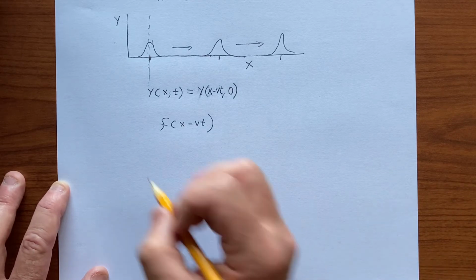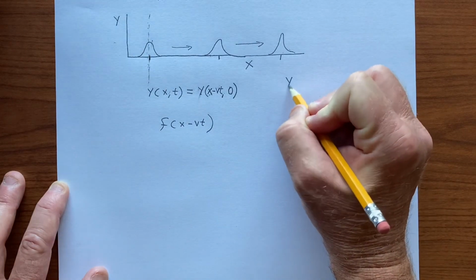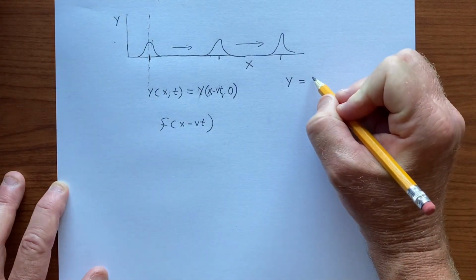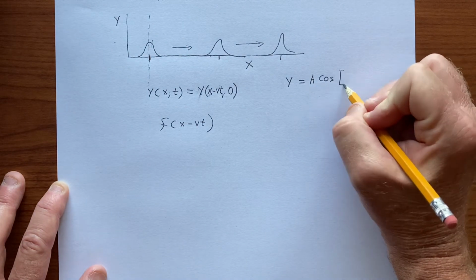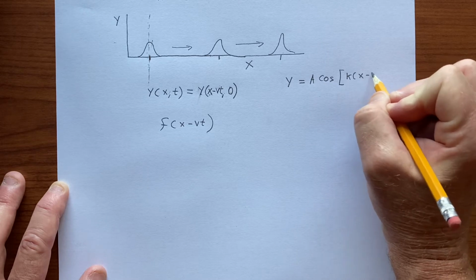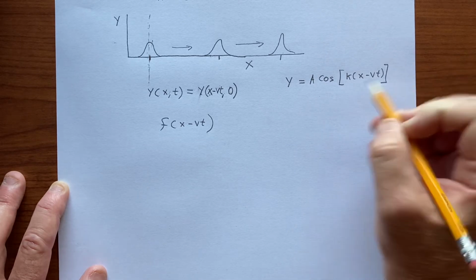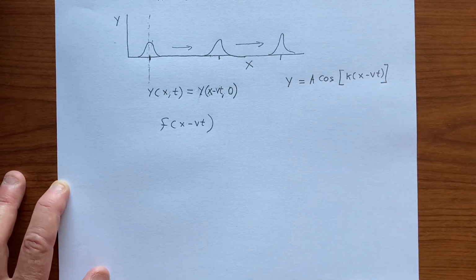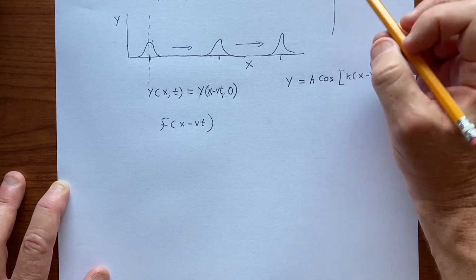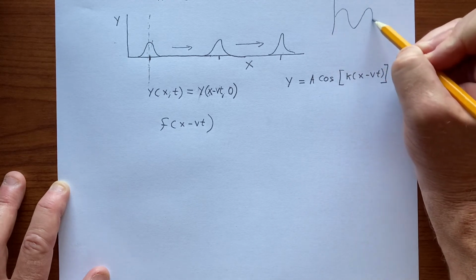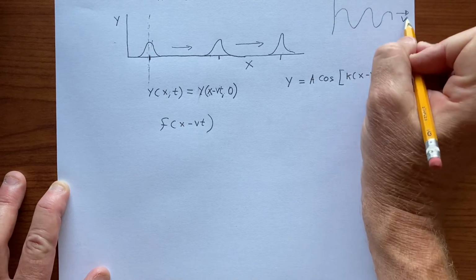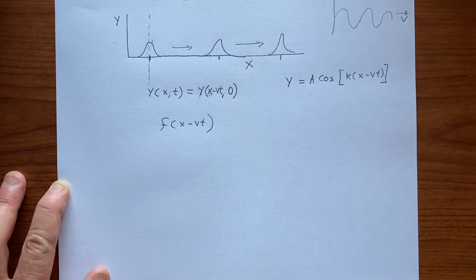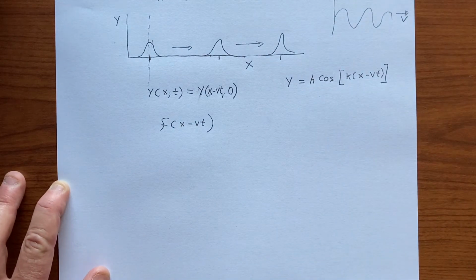But let's say that we have a function y equals a cosine of k(x minus vt). The fact that this is the function tells us that this is a traveling disturbance. In fact, this represents a cosine function that's moving to the right at speed v. And so we want to derive the wave equation.